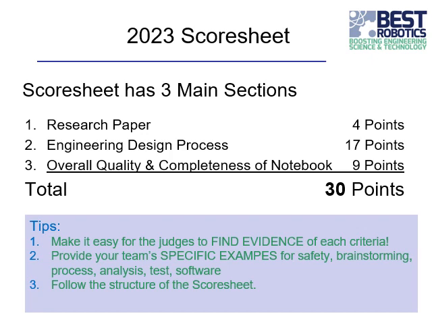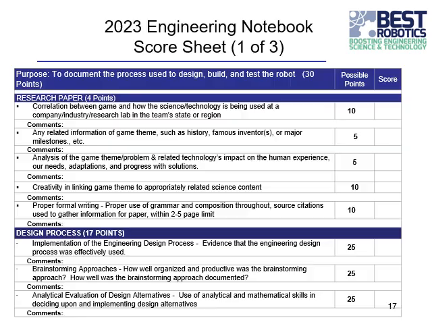Give specific examples for all those items, and follow the structure of the score sheet. Make sure it's easy to see in your table of contents how the information in your document fits the score sheet. So next we're going to look at the 3 pages of the score sheet.